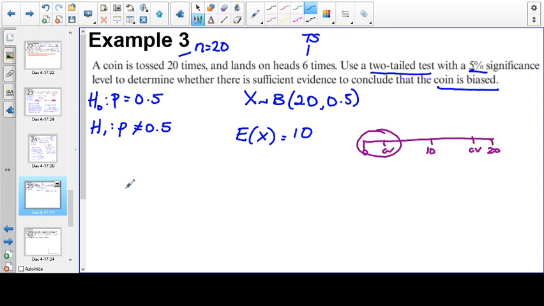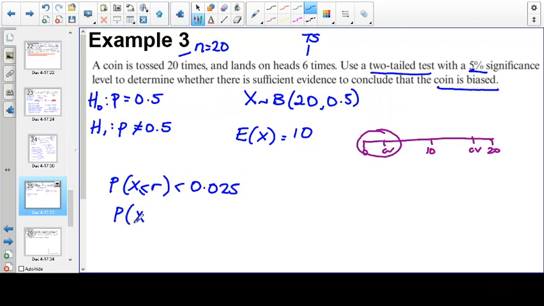So we're going to do probability that x is less than or equal to r. That's our critical value. That's got to be less than half the significance level. So 0.025.